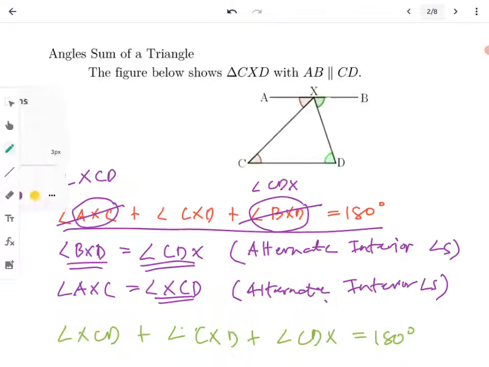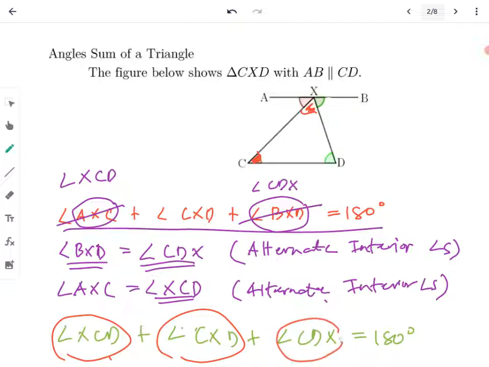Notice that XCD is this angle, CXD is this angle, and CDX is this angle. They are all interior angles.